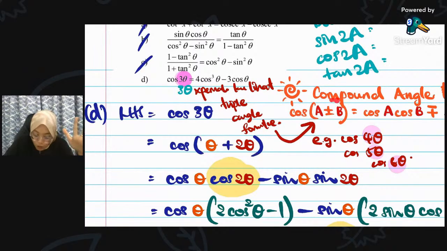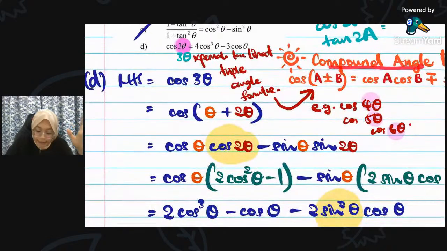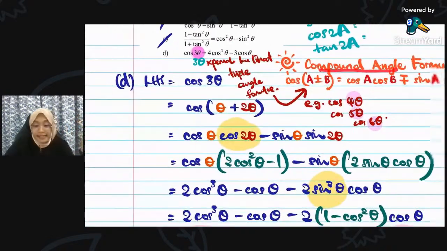So I use compound angle and then I sing the song: cos, cos, sin. Why do I sing this song? Because there is no actual song, it's just a rhythm from my maths teacher back then. If it's sin, he called it sin cos, cosine. But if it's cos, he called it cos, sin. It's already in my mind, because we were a class of 100 students.